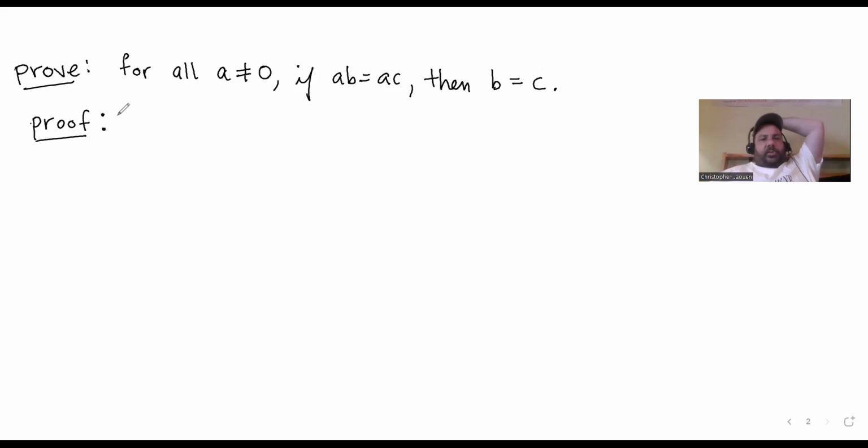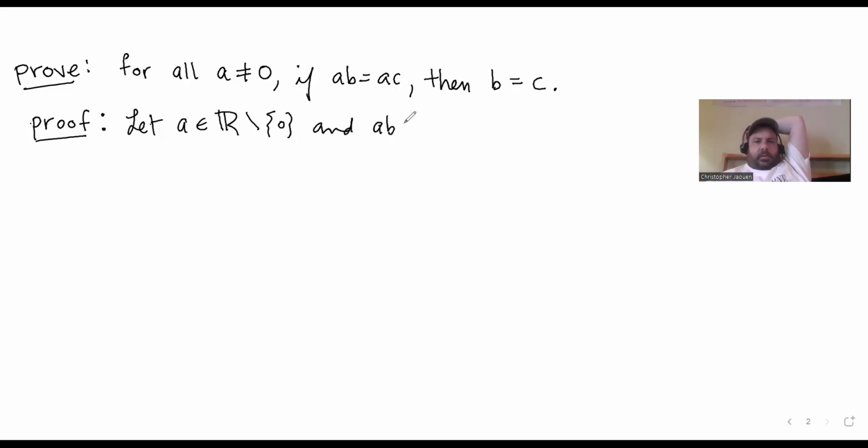Right, so if we assume that A is a real number that's not 0, so let A be an element of the real numbers minus 0, and AB equals AC.